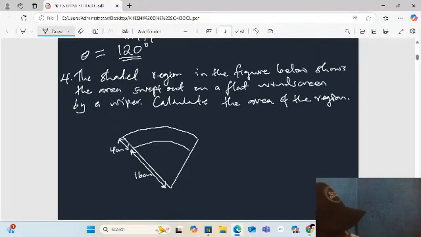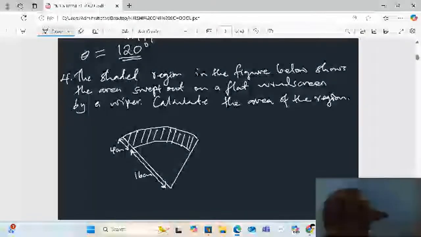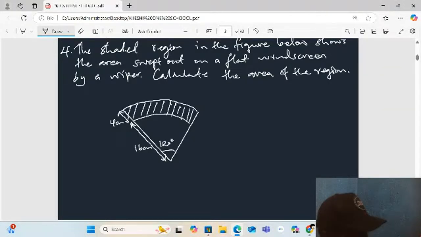This is just a sketch, not very perfect, but the area of this shaded region is what they want us to find.